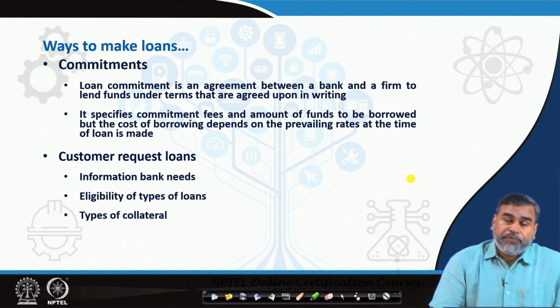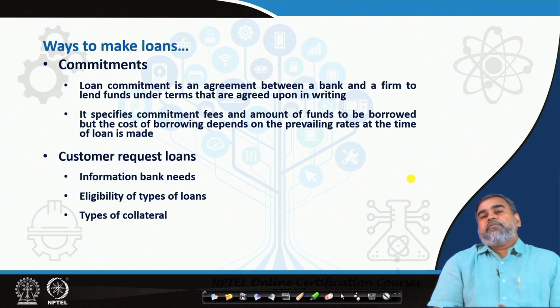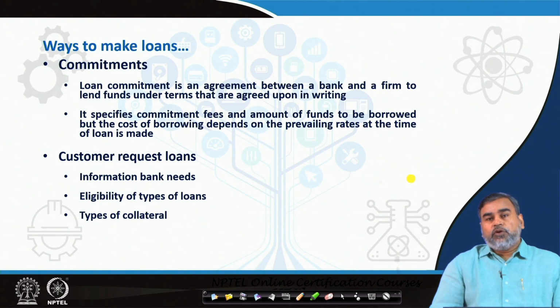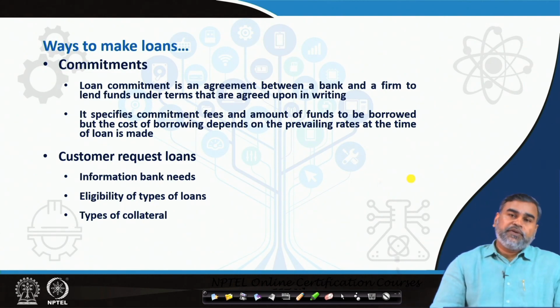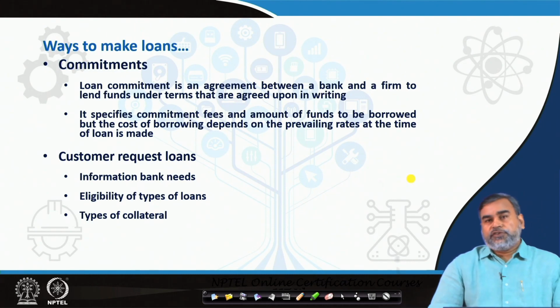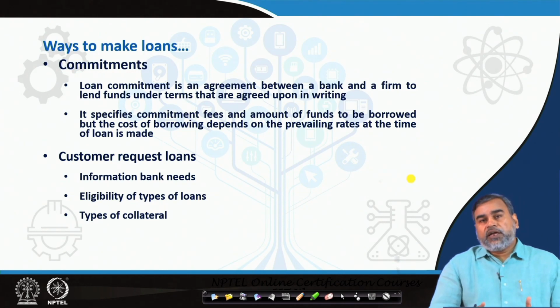And this commitment fee can be calculated on a daily basis. Commitment fees generally vary from 0.25% to 0.5%. So, if you have a loan amount of 100 crore, then your commitment fee per annum will be 100 crore multiplied by 0.0025.